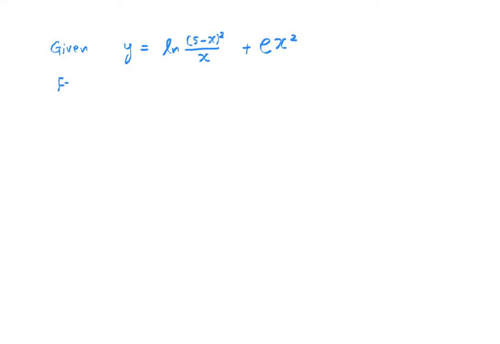Find the exact gradient at x equal to 2. Cannot at x equal to 2? I should say find the domain first, and find it at x equal to 2. Okay, never mind, at x equal to 2.